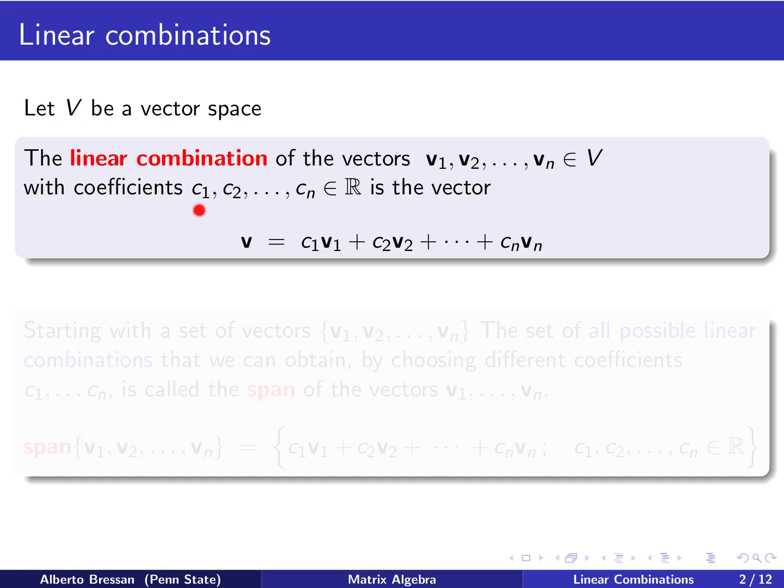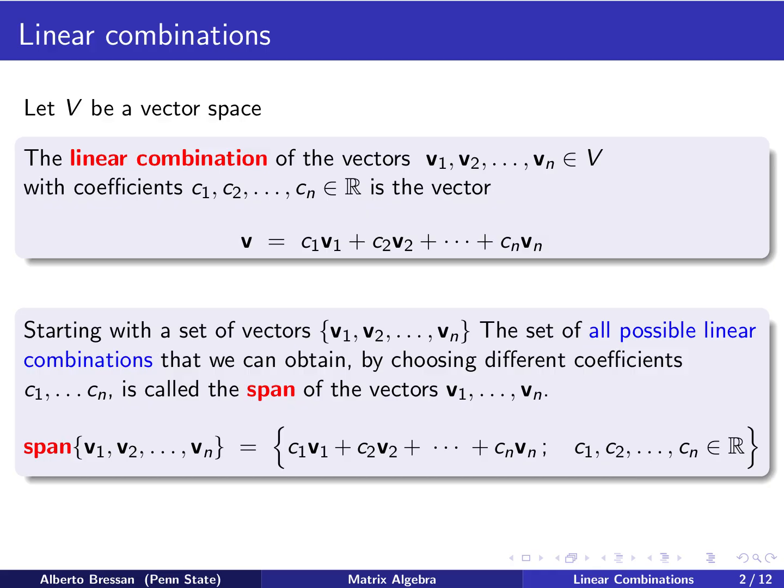These are just real numbers, c1, c2 and cn. And you form a new vector, which is these vectors v multiplied by some real number coefficients. So a linear combination of these vectors is just another vector that can be written like this.